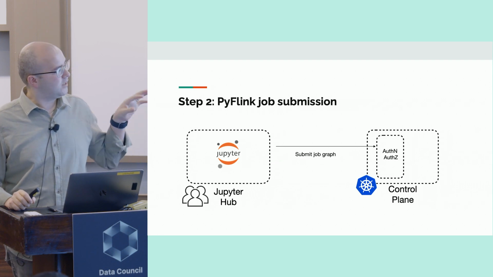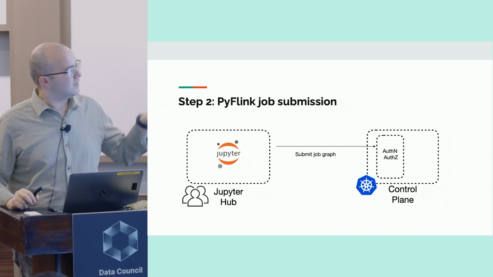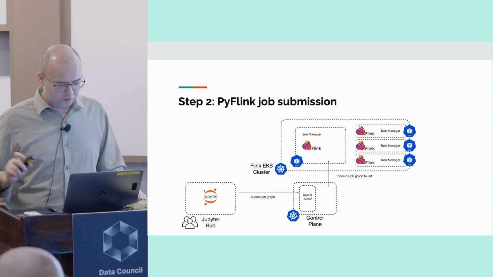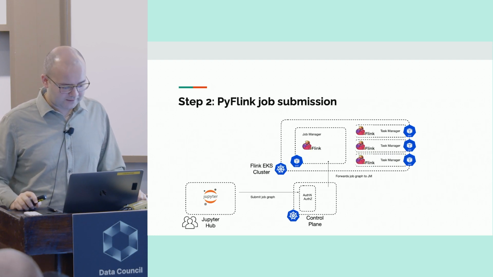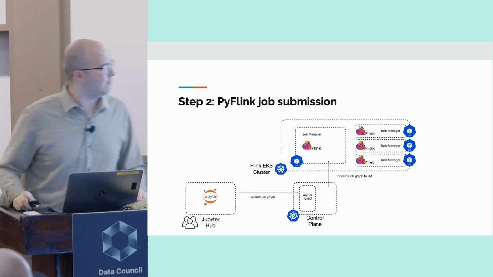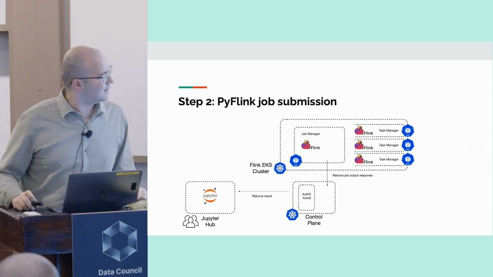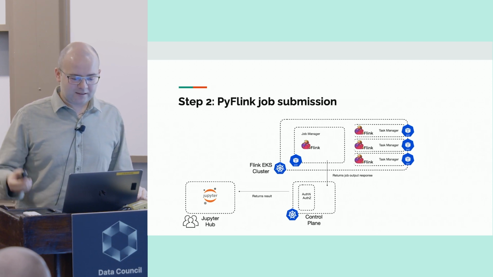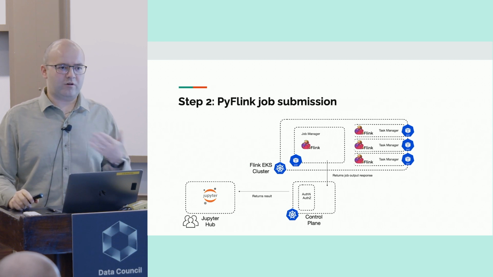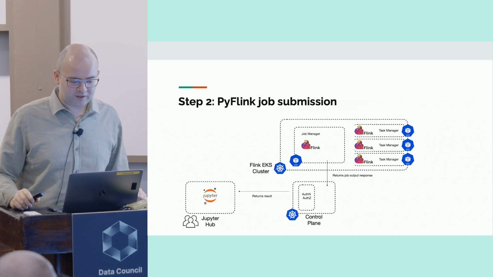But in this case, your job graph is created on the client side, and then it gets submitted to the control plane, and the control plane will forward it to the Flink job manager. Your pipeline will start running, and once your results are ready or streaming back, depending on which mode you're using, you will see the results of your Flink pipeline in your IPython notebook.